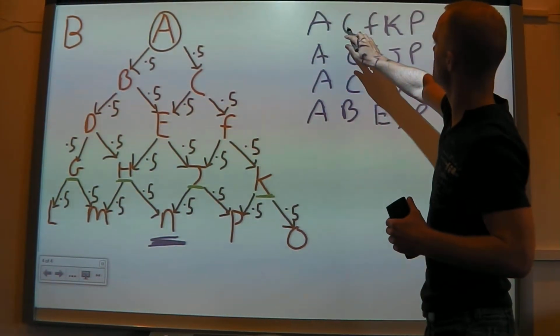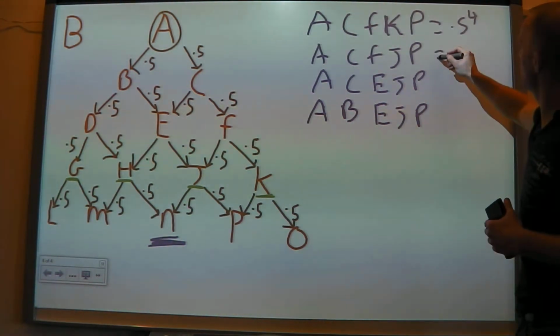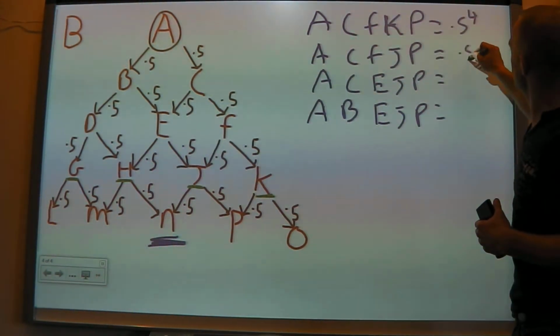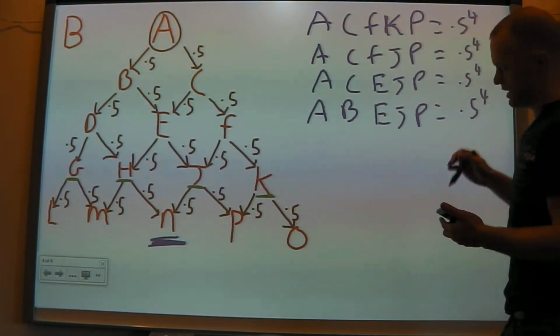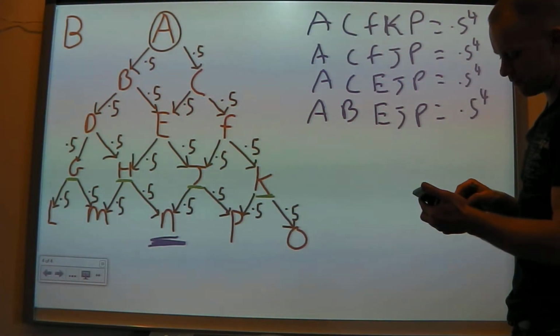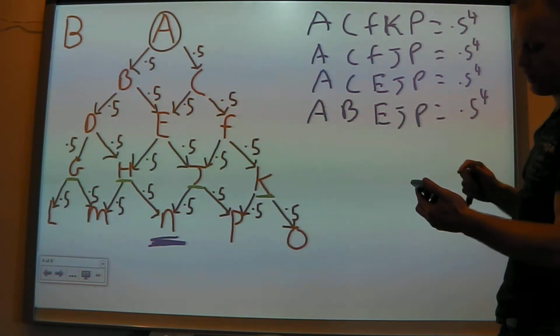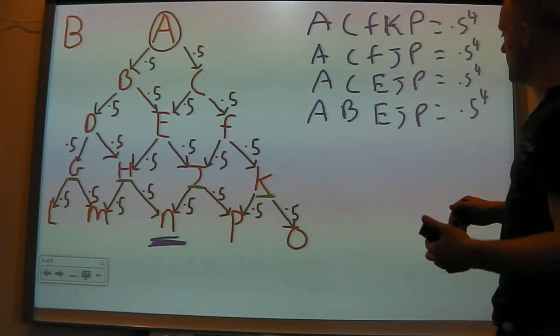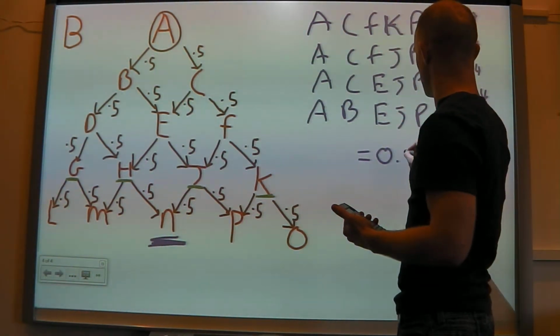So the probability of going to C is 0.5, so that's equal to 0.5 to the power of 4, and they're all going to equal the same. So 0.5 to the power of 4 is equal to 0.0625, but you times that by 4 because you have 4 options. So the probability of the first ball landing in P is equal to 0.25.